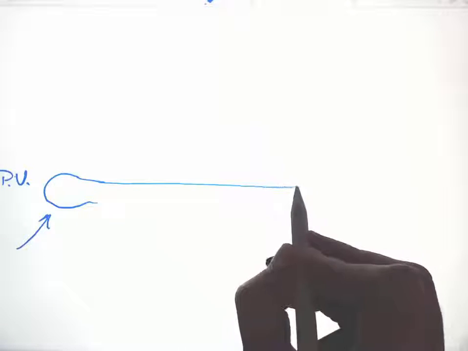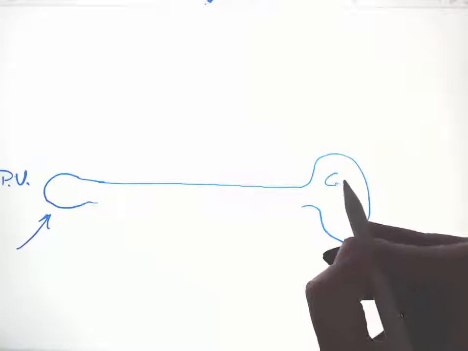So I'll sketch this as we go and talk about what we're seeing. Blood coming in through the portal venule. That blood would be going to the central vein.